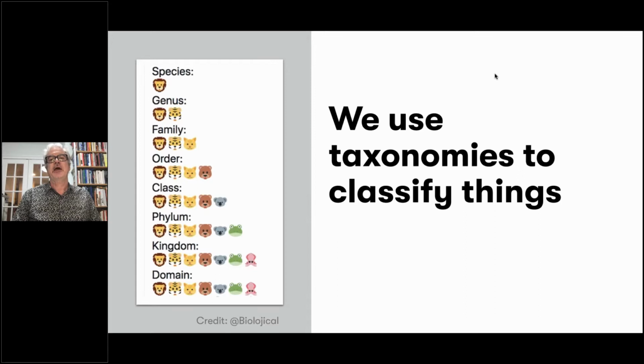And biologists have used taxonomies for several centuries now to classify how related things are, if they're very related or not so related. And this very same idea has been taken up by people who work with content in the past few decades.